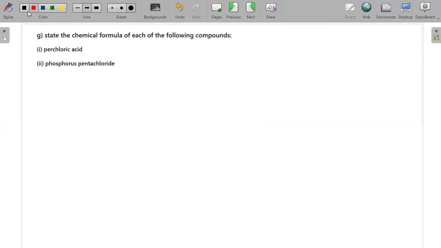What about the second one? The second one has phosphorus, and here they're saying pentachloride. This penta simply means there are 5 chlorines. Phosphorus has a valence of 5, and chlorine has a valence of 1, so they're going to exchange.